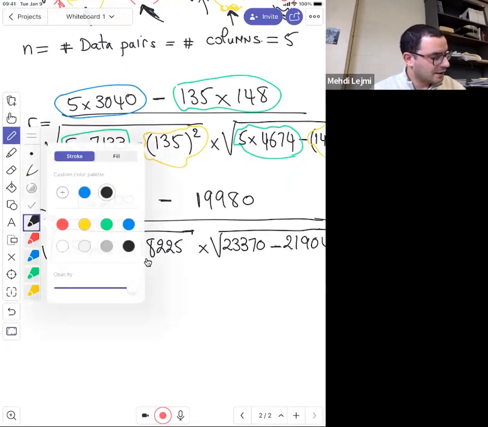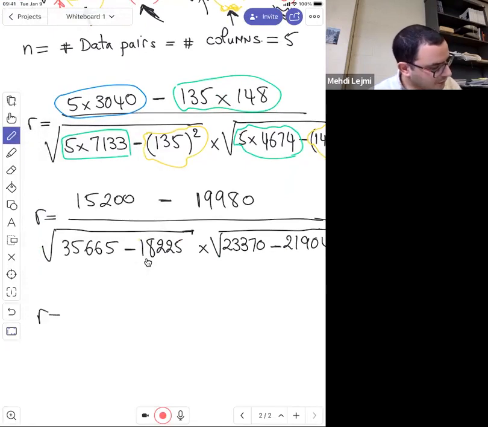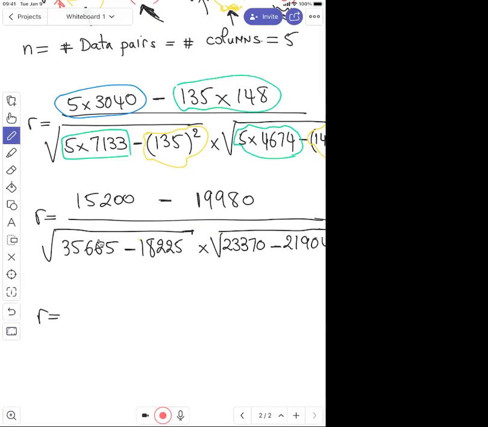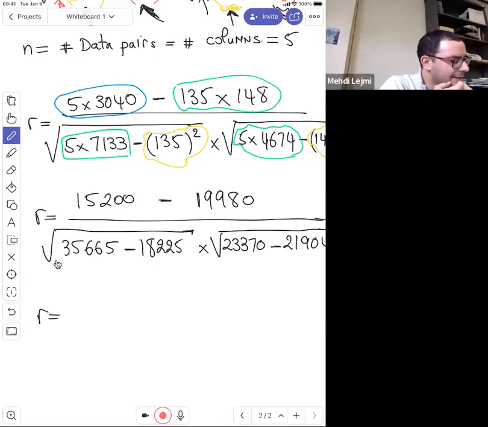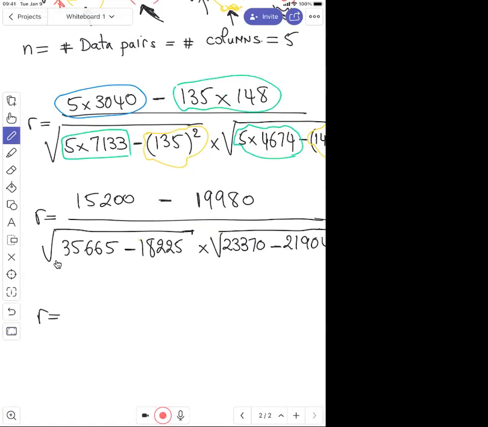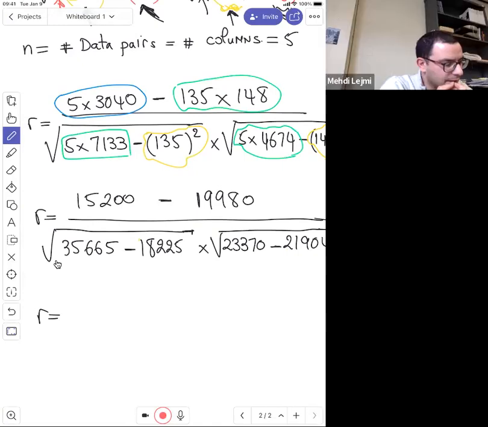So now let's finish the top. The top is just a subtraction, right? So you have this 15,200. Professor, I want to make sure that when we do the top, we do it in that same order. We don't switch the numbers, because if you subtract 15,200 minus 19,908, it will be a negative number.